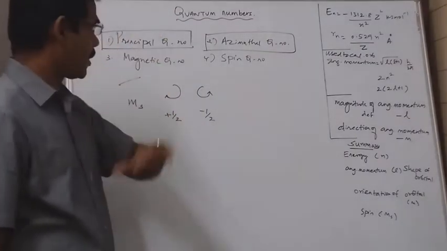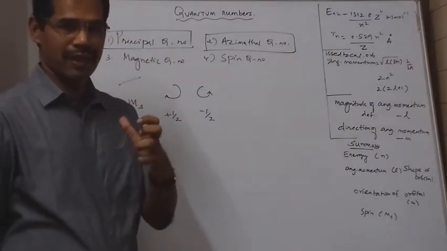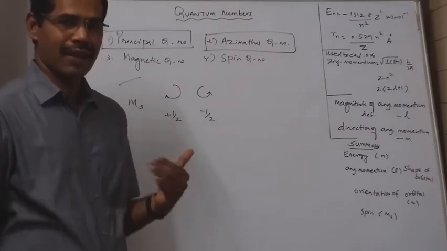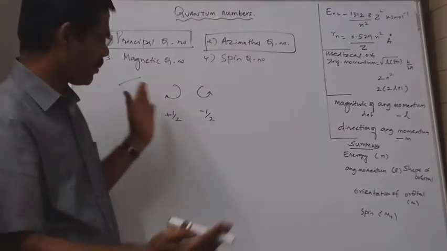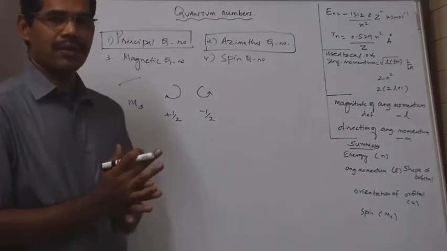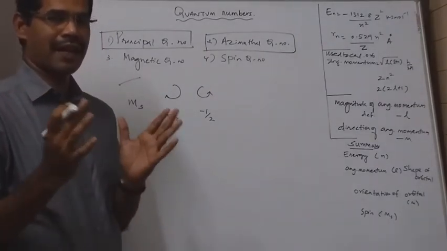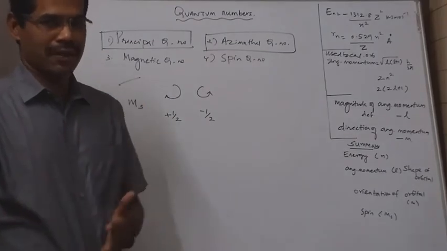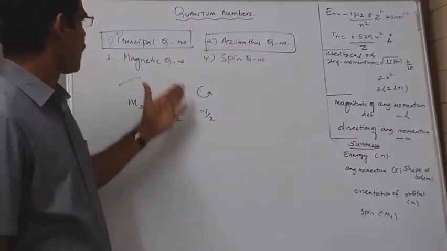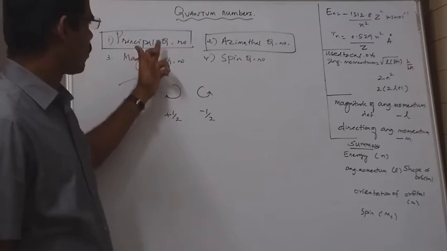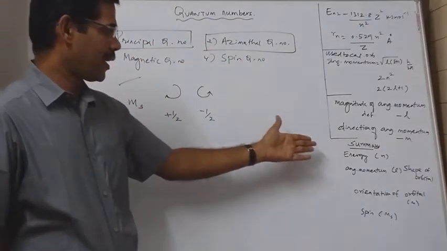As I mentioned earlier, quantum numbers are the details which are necessary to locate an electron in an atom. So when you summarize all these quantum numbers, when you take into account all the details provided by the quantum numbers, we may have an idea of where an electron is present. Let me summarize it like this. The principal quantum number provides us the energy of an electron.